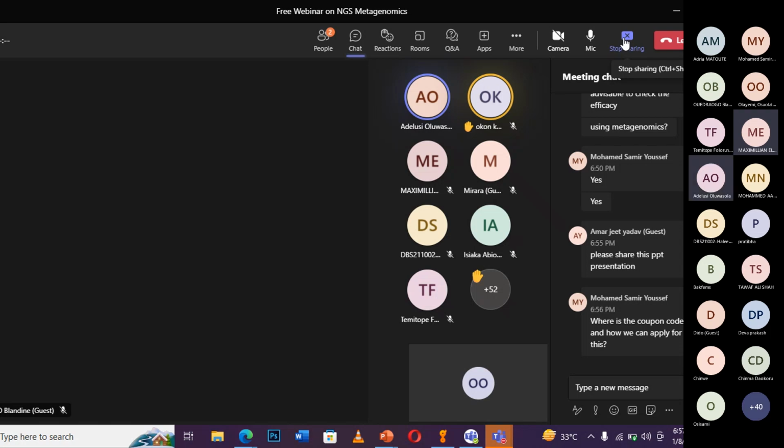With my experience, I believe I need to culture it, after isolating that particular fungi from the feed sample. After the isolation, I can extract the DNA and send it for whole genome sequencing. But in the case of metagenomics, how do I go about that?